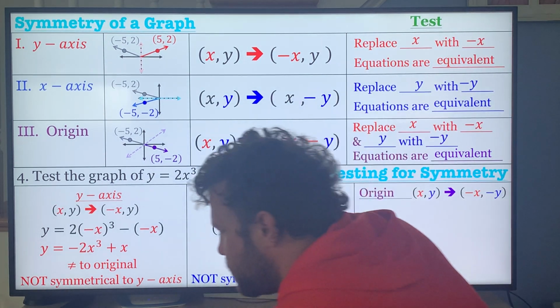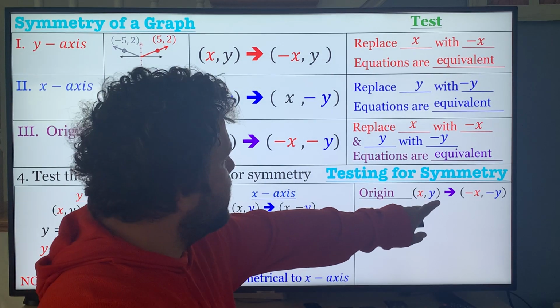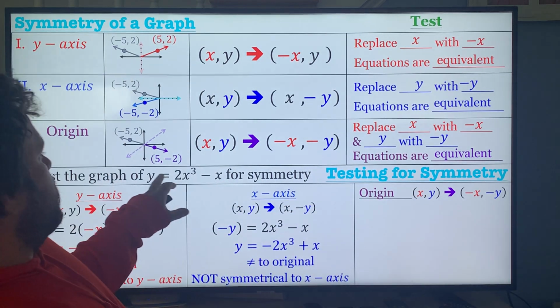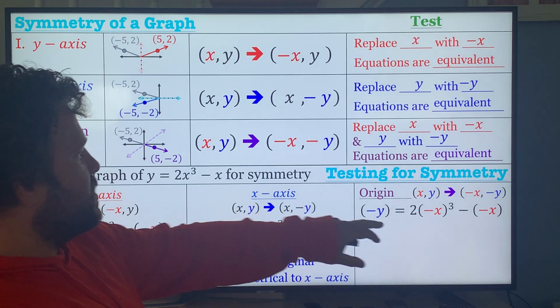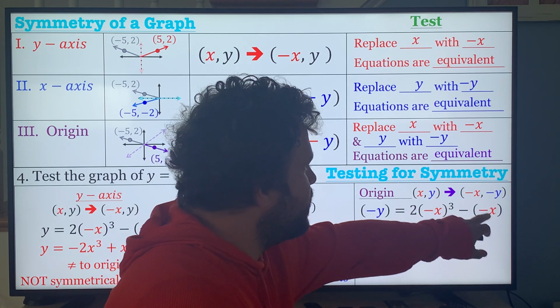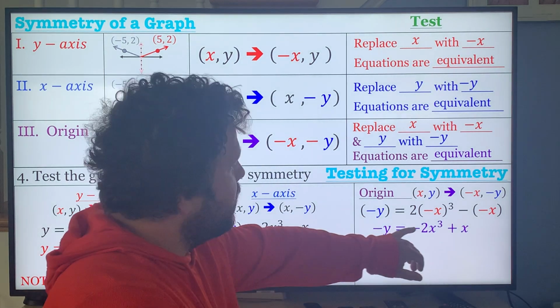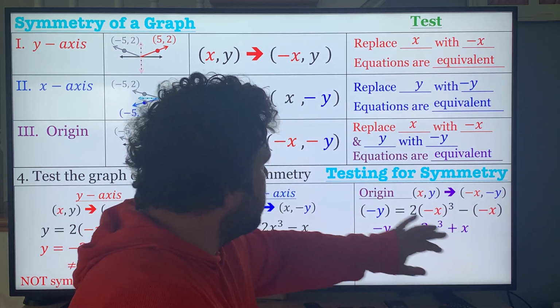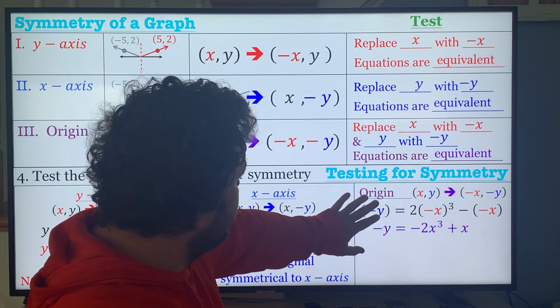Let's do the origin. So upon doing the origin, we're going to replace the x and the y. So, negative y equals 2 times negative x cubed minus negative x. Alright? This becomes negative, this becomes positive. Now look what happens here. Our y is negative, this is negative, this is positive. So, obviously right now they're not equal, but we could change everything here.